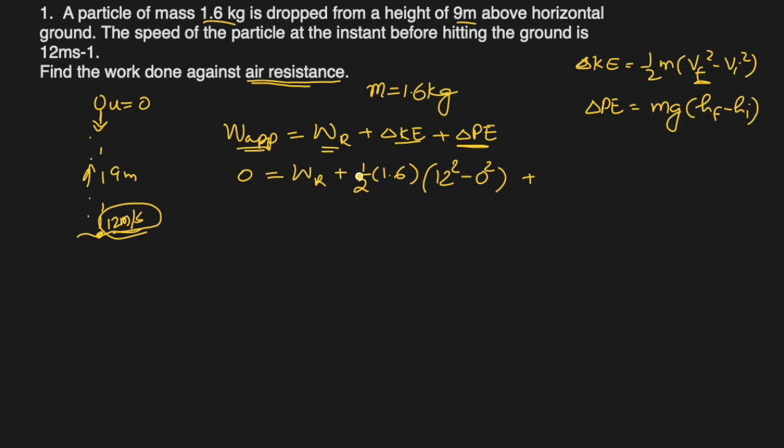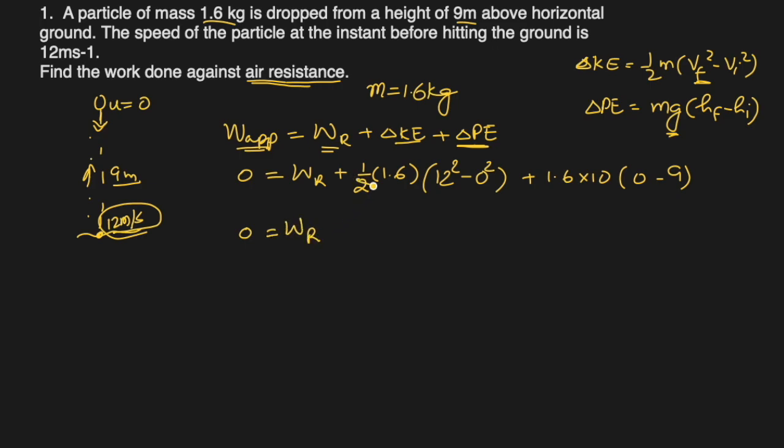Now you will be saying that, okay, the work is being done, it should have been on this side, right? But let's see what happens here. So it will be 1.6 times 10, the acceleration due to gravity. Final height is 0. It reached the ground. So height from the ground will be 0 minus what was the initial height? 9 meters from the ground. So 9.